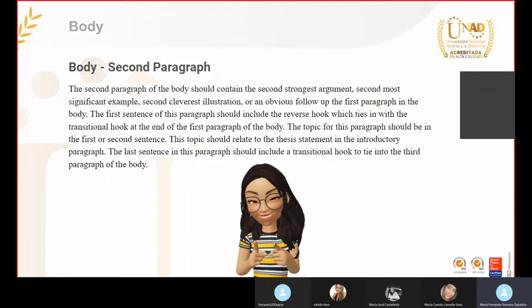So the first sentence includes again the reverse hook of the last sentence in the previous paragraph. And the topic for this one should be again in the first or the second sentence. This topic should relate again to the thesis statement in the introductory paragraph. So you saw that the thesis statement of this essay has three parts.